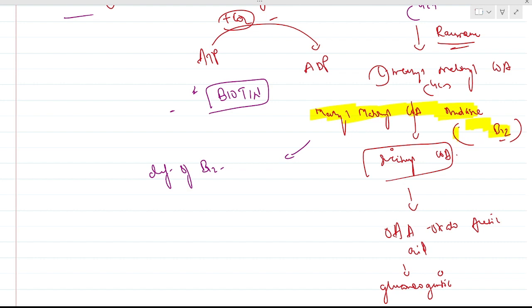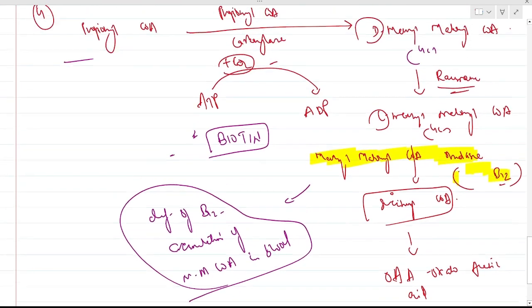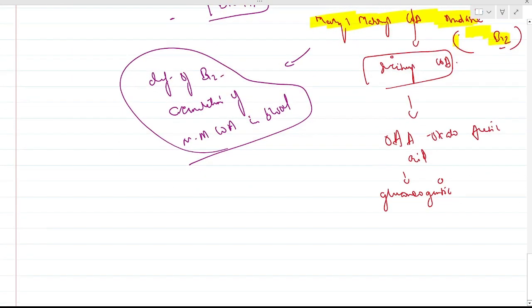Deficiency of B12 will lead to accumulation of methylmalonyl CoA in blood. We have also discussed this whole process in the vitamin B12 and B9 discussion. Go check out that video. So this is all about how propionyl CoA is converted to oxaloacetic acid and enters the gluconeogenic pathway.